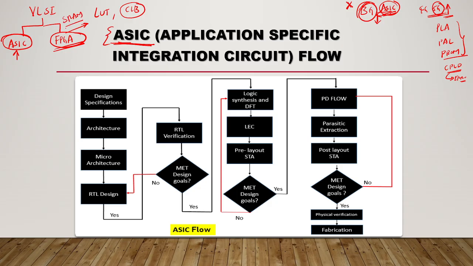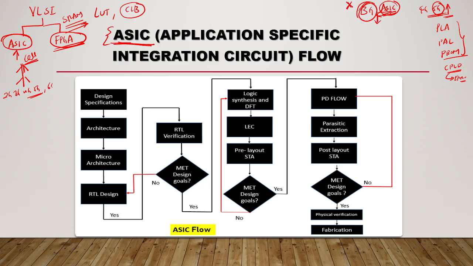Where do you use an FPGA? Suppose you have a cell tower. Previously you came with 2G, 3G, 4G, and 5G, so every time the technology is changing in communication.